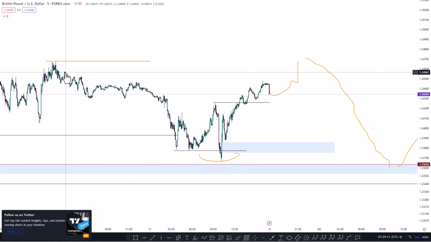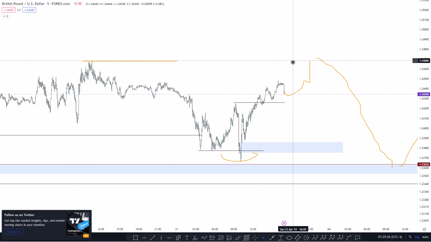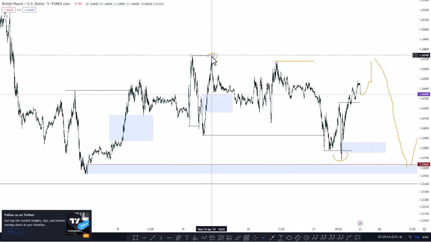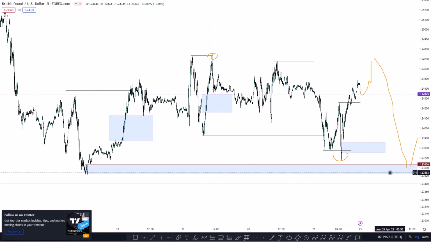If the market buys here, you can target this high first of all and then wait for a reaction to see if it's going to take the high and respect this major liquidity we have here before a downfall on this area.